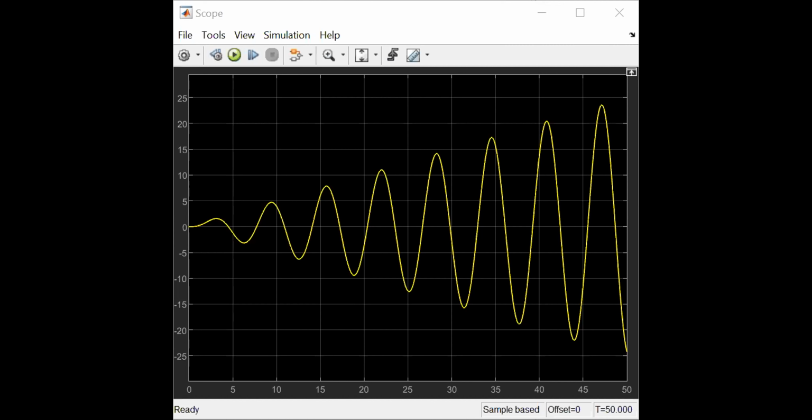So when the external frequency, and this is super important, is equal to the natural frequency of the system, in this case plus minus 1i, the system response grows, and this is called resonance.